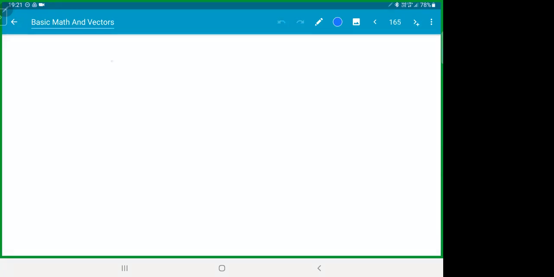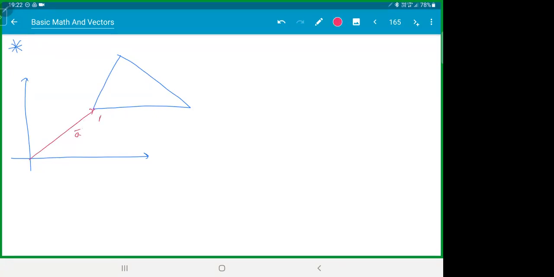So here, let's say if you have a triangle like this, where this is the origin. This is your A bar. This is your B bar. This is your C bar.